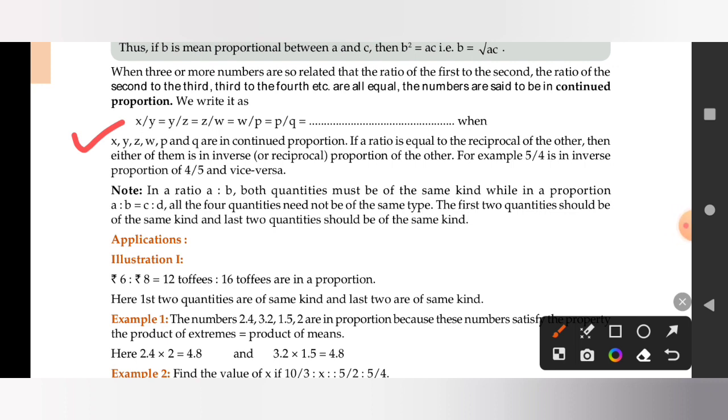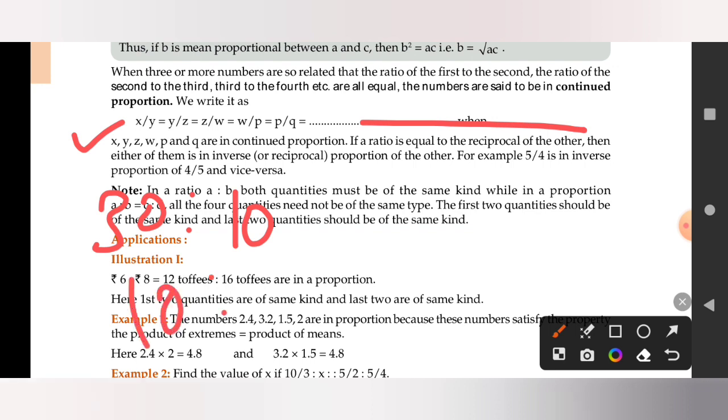If a ratio is equal to the reciprocal of the other, then either of them is in inverse or reciprocal proportion of the other. So suppose the ratio is 30 is to 10, then either of them is in inverse, not reverse, inverse or reciprocal proportion of the other.